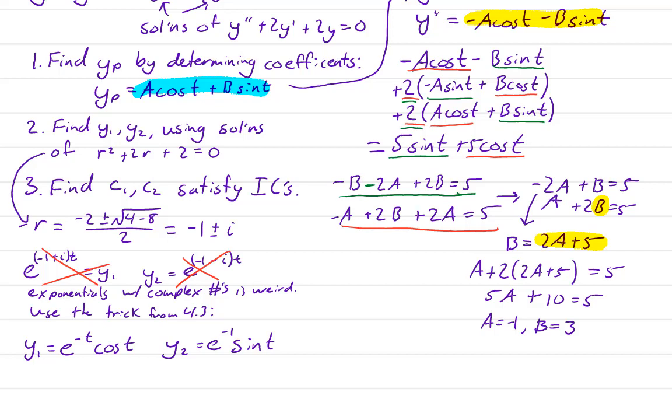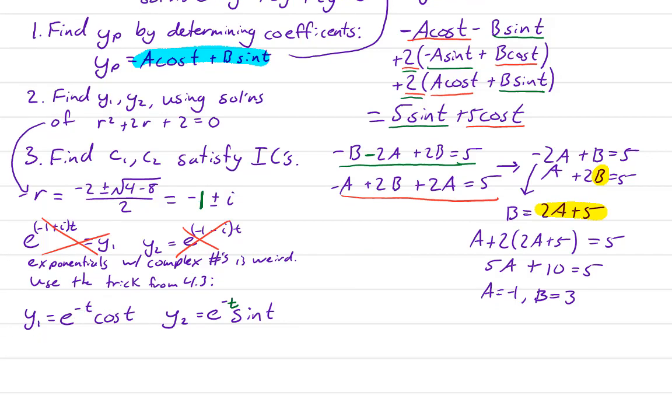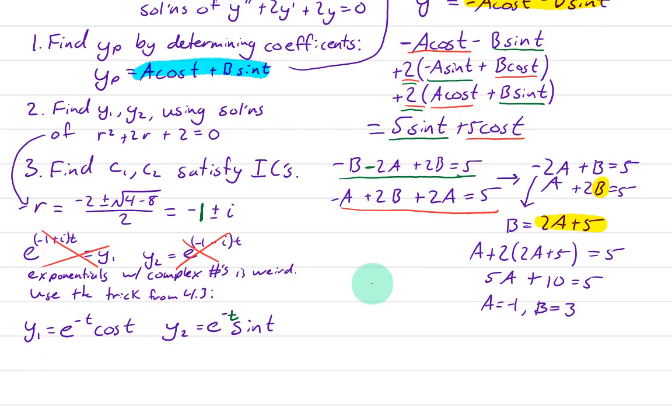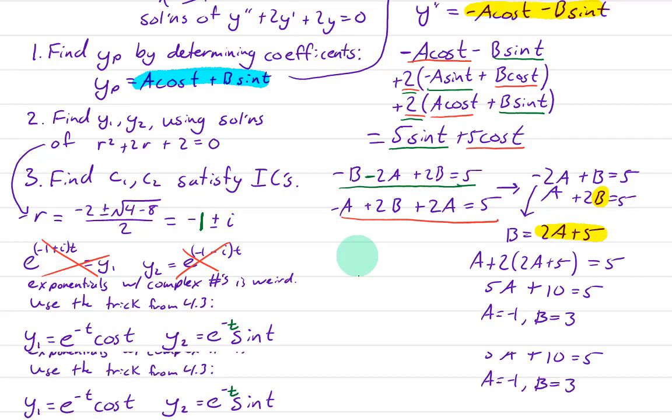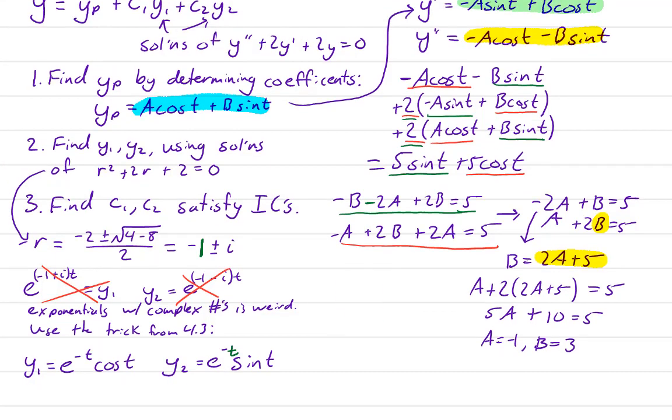And the negative 1 times t comes from the fact that this is negative 1 here. So those are two solutions of the homogeneous equation, which make you get 0 on the right side.